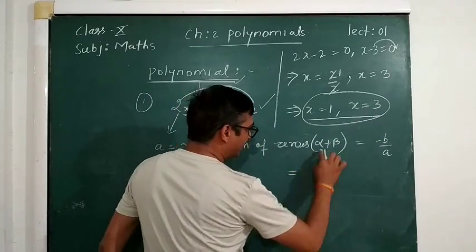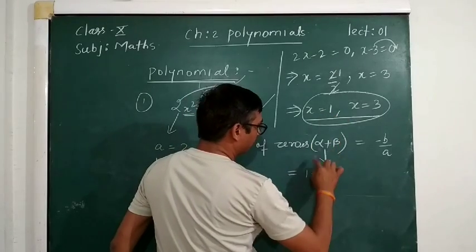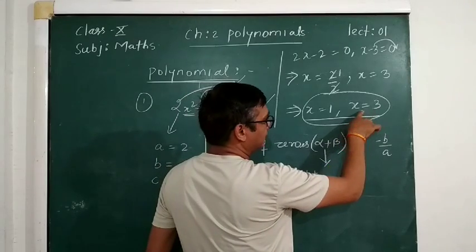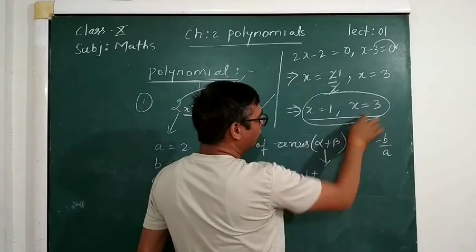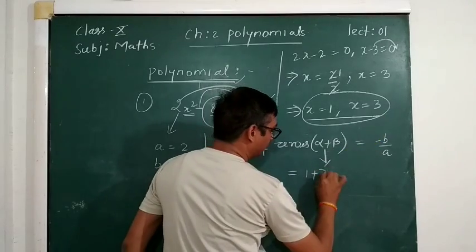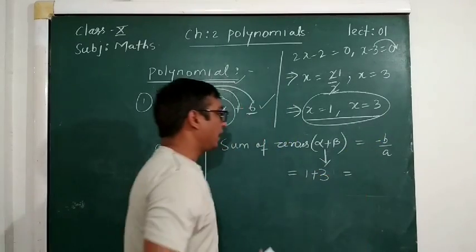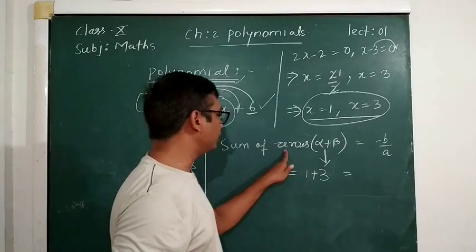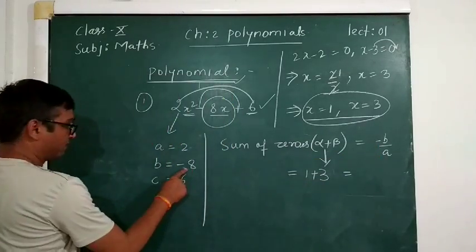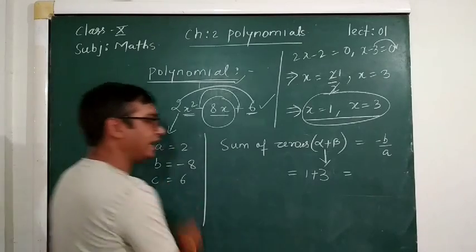So we will write here 1 in place of alpha, and this second x value we will take as beta. So it will be 1 plus 3 is equal to, now according to the sum of zeros, what is the value of minus b? We will write over here minus b is equal to minus of minus 8.